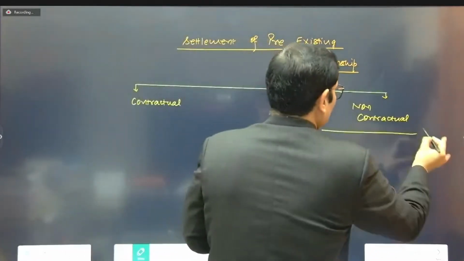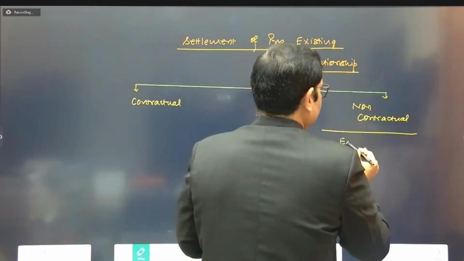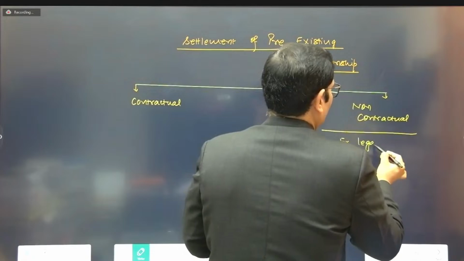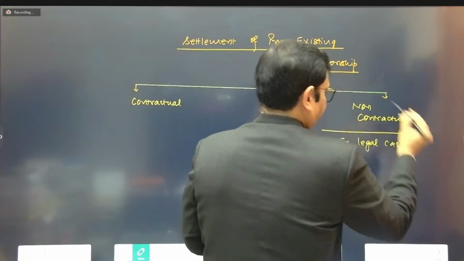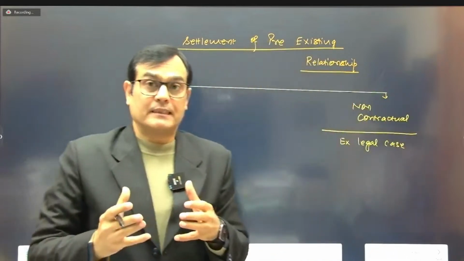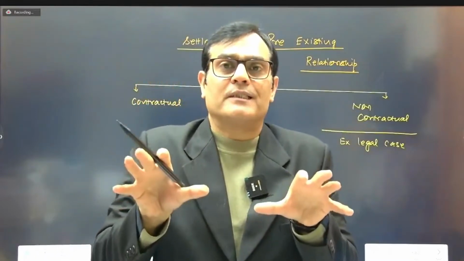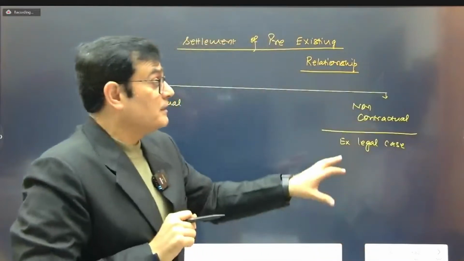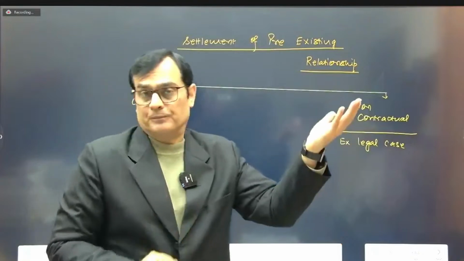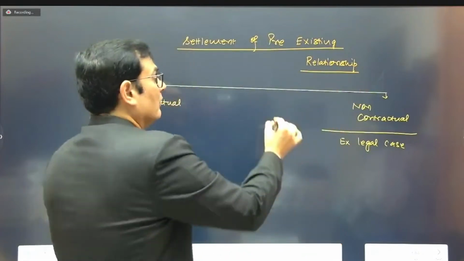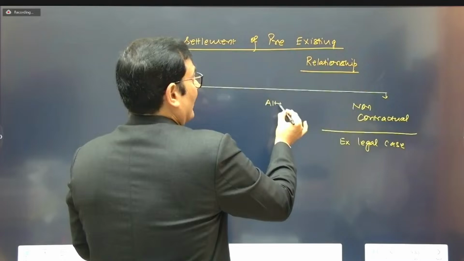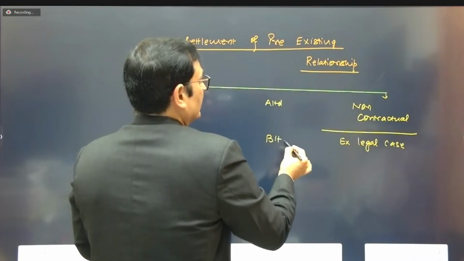When I say non-contractual, it could be, for example, a legal case going against each other. Because in this case, there is no contract between the two. So the amount of existing relationship is related to a legal case between the two. So for example, A Limited, which is the acquirer company, and B is the acquiree.